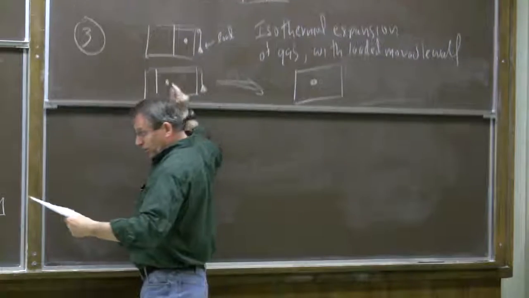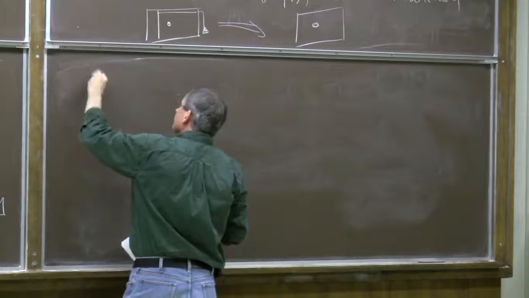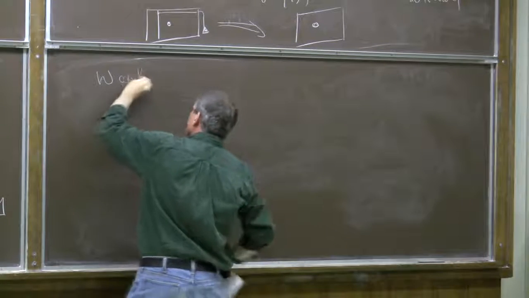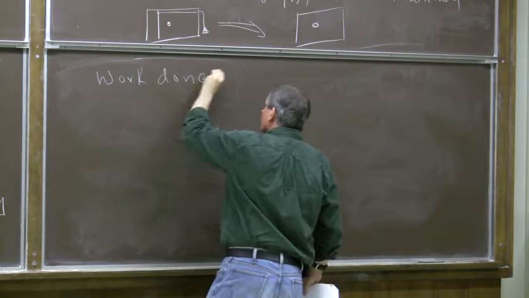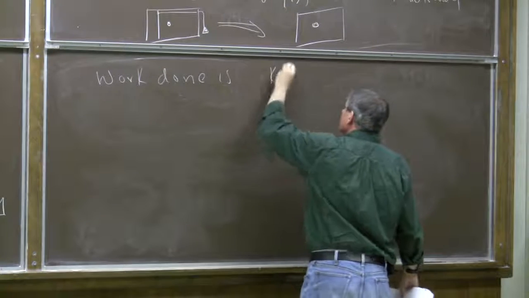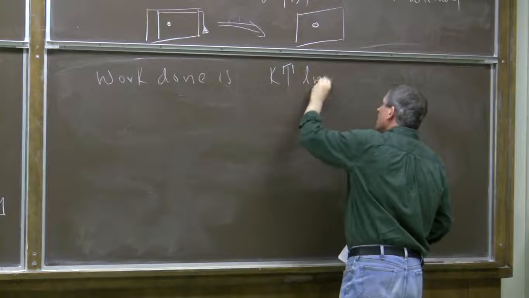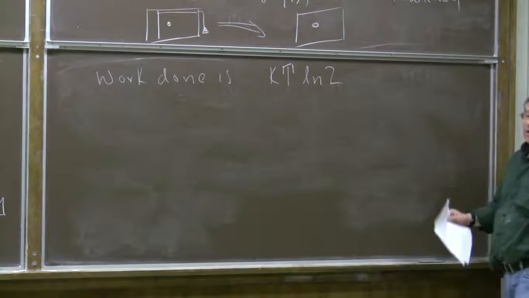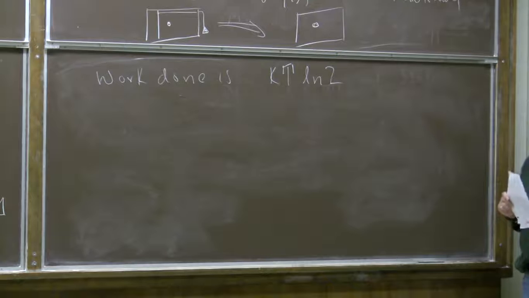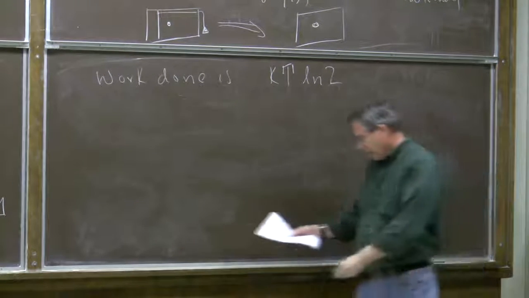So the total amount of work that's going to be done, I'm going to put the k's in for the time being, is Boltzmann's constant times temperature times log 2. This is actually a reversible isothermal process of the sort that we talked about before. It just happens to be just one molecule.